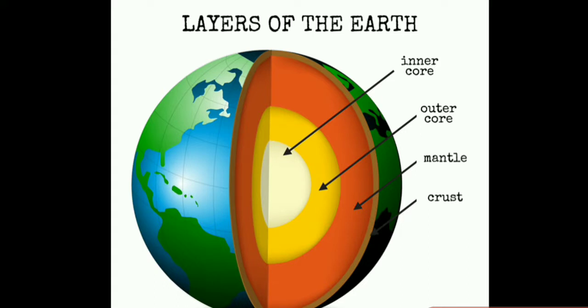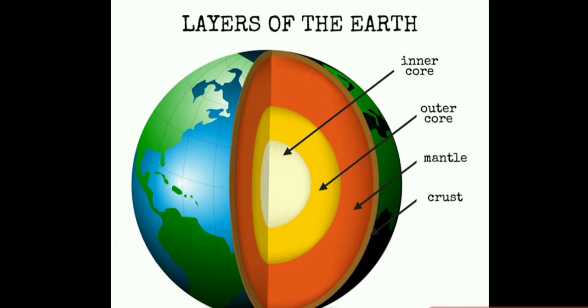So if I ask which part is the hottest, your answer will be what? Yes, inner core. Here we are learning about this one. Or in one word you can say core. So the core is the hottest part of the earth.